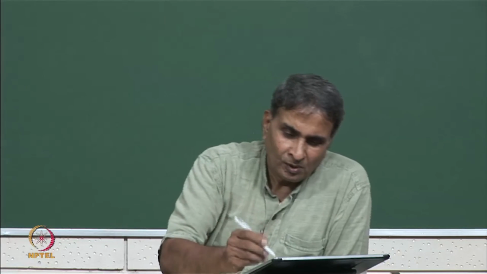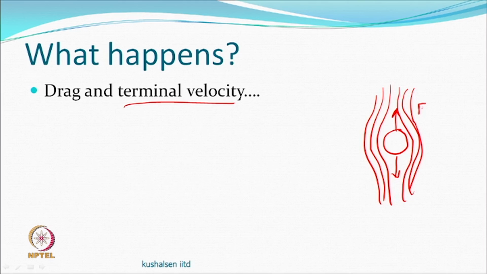There is something called a terminal velocity. The two forces, if we call this a drag force pulling up and the force due to gravity pulling down, they do get balanced at some point. And when they get balanced, it does not accelerate, it just moves with a constant velocity.